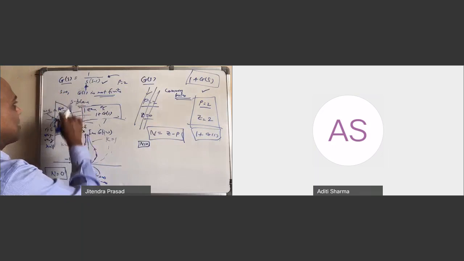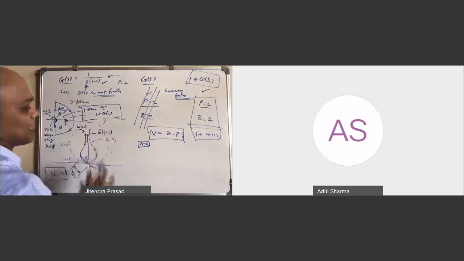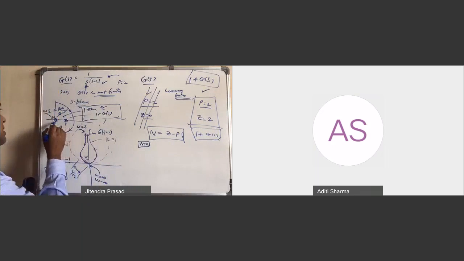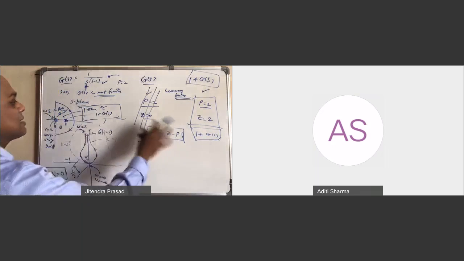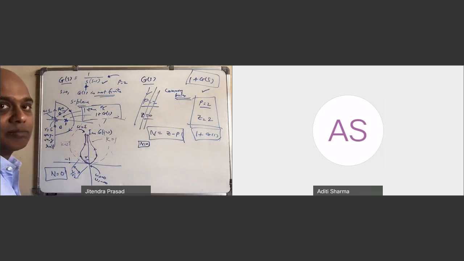So this is because of the special case. If you did not have this one, then very clearly you can see that. In this case, since you have bypassed this one, you get this kind of thing, because the moment you bypass, this point is not included, right?